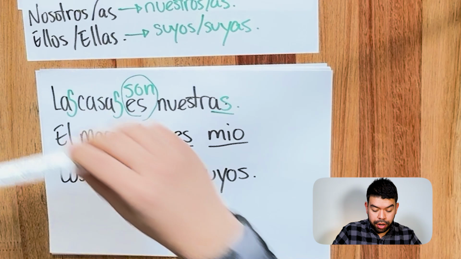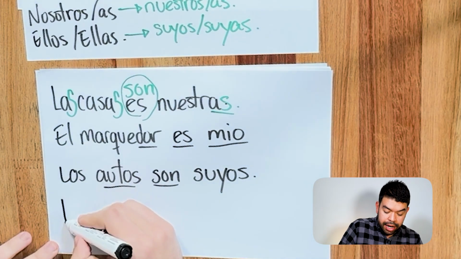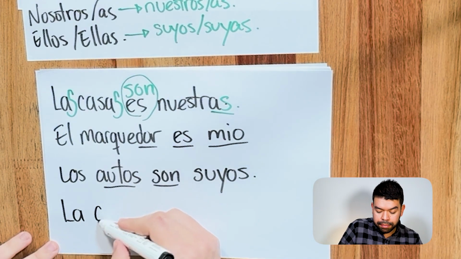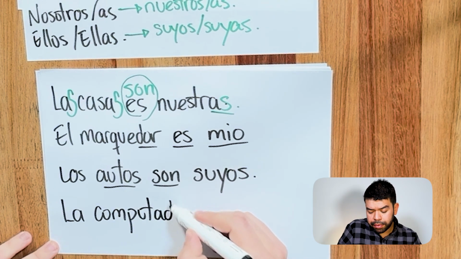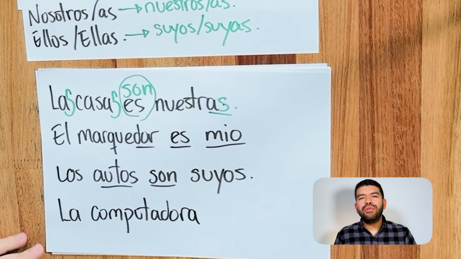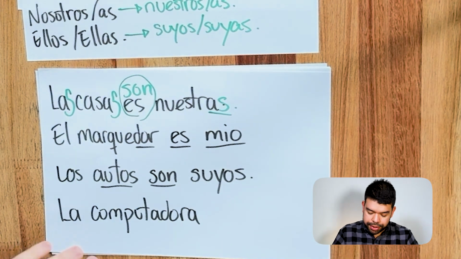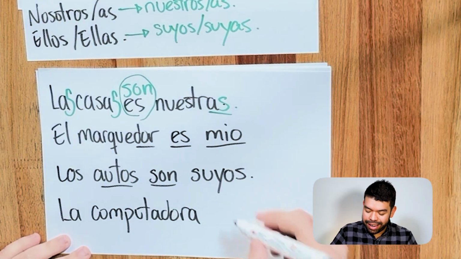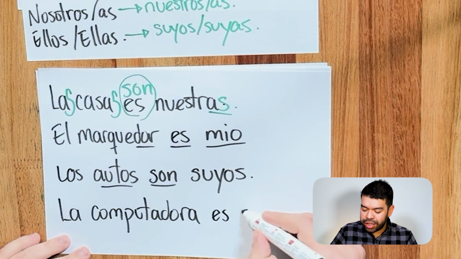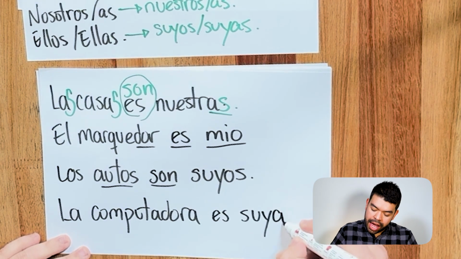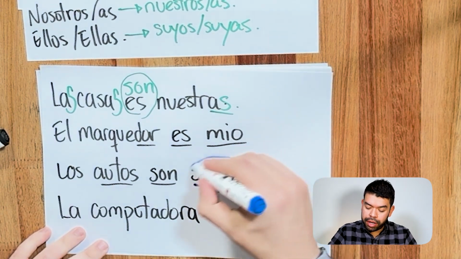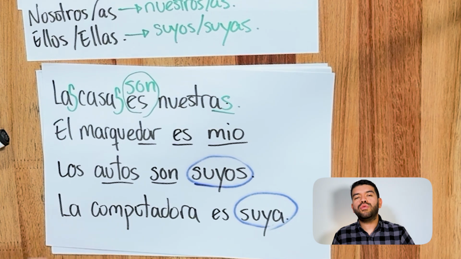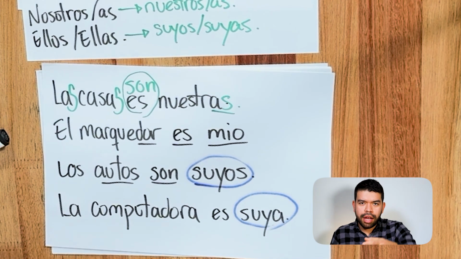Last example here. La computadora, computer, computadora, hey, your choice. La computadora es suya. Again, in these last two examples we would need a little more context, because we're saying, hey, wait, that's not your computer.